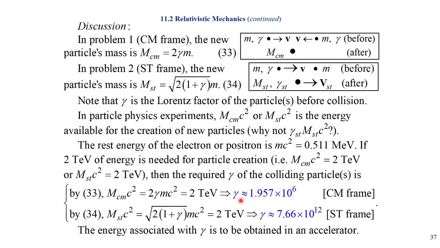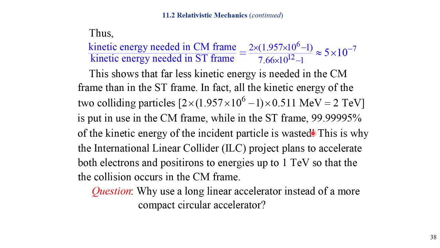So to create a particle of 2 TeV, we need head-on collisions, two particles colliding head-on. That's the comparison: kinetic energy needed in the center of mass frame and kinetic energy needed in stationary target frames. Rest energy is already in the particles, so we can only increase the kinetic energy.